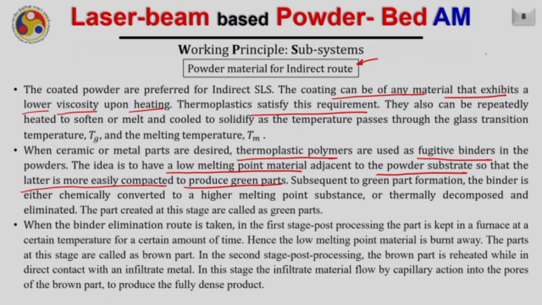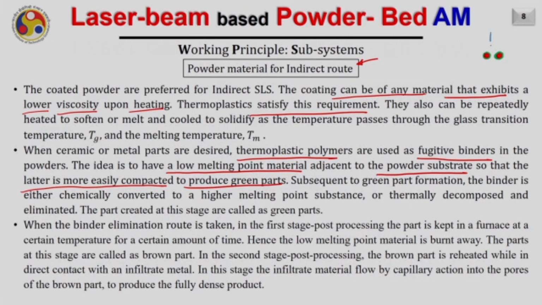So, for example, if this is my ceramic particle, and assume that these particles are coated with another material which has a melting temperature lower than the red color particle, or the main particle.